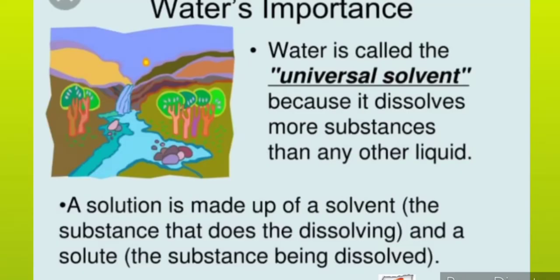Water is again known as a universal solvent because it dissolves more substances than any other liquid. So we can say, because of all these properties of water, that water is very important for the human being and for the life processes.